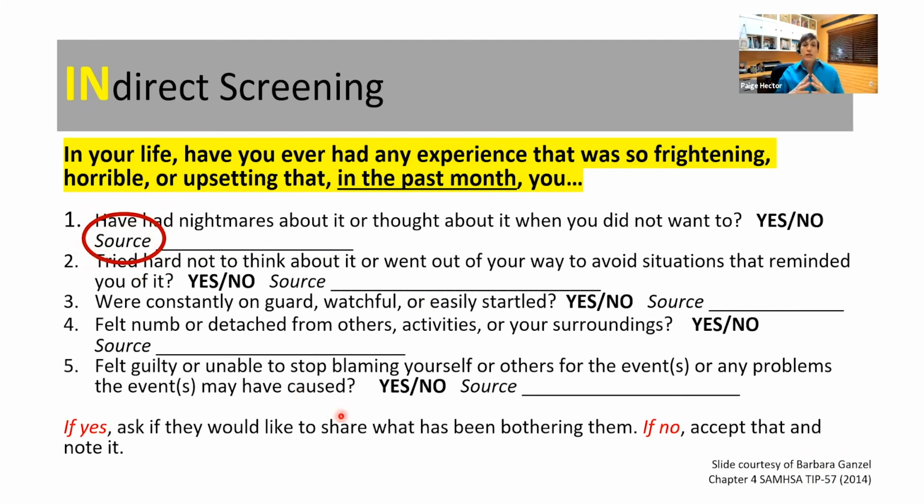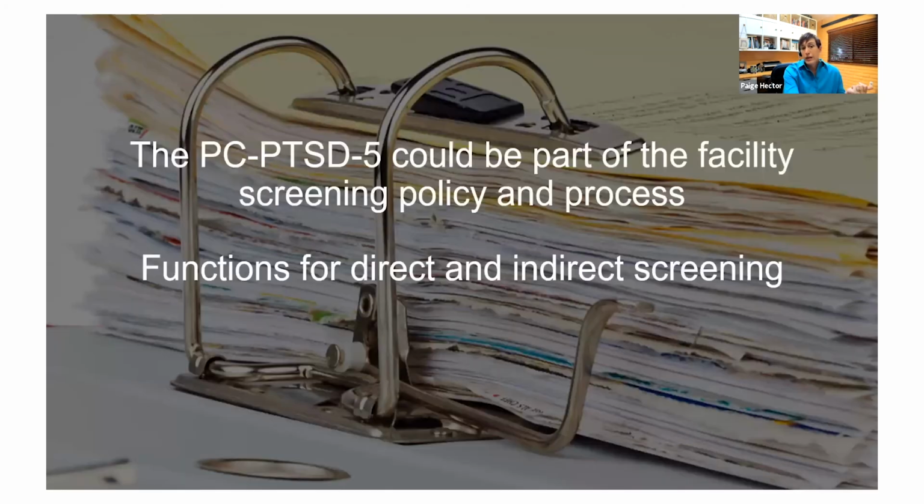So for example, if a resident living with dementia is not able to answer these questions, perhaps you're going to ask a partner, a spouse, or a daughter or family member. The source would be the person that you got the information from. So this actually is doubling as a direct and an indirect trauma screening tool, and that could be part of your screening policy and process.